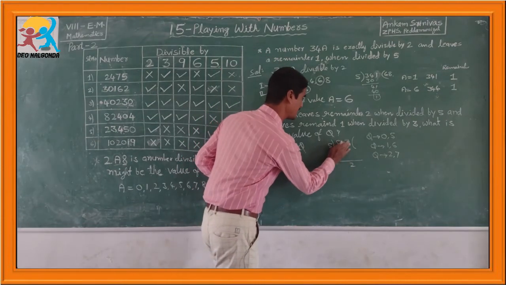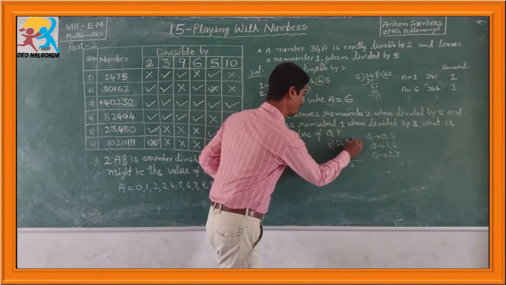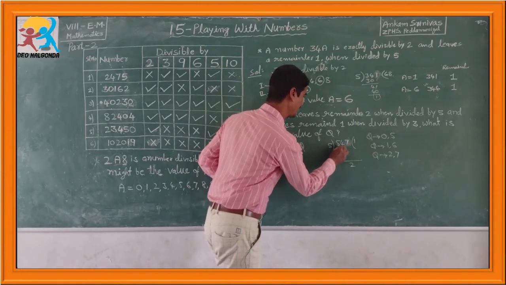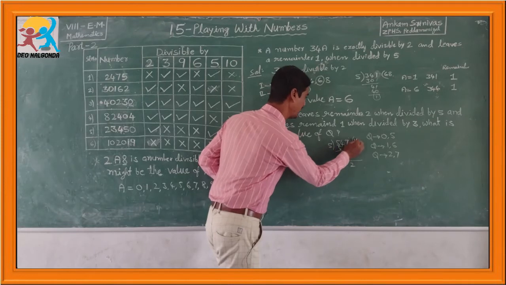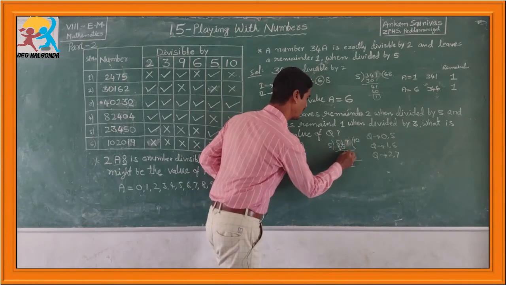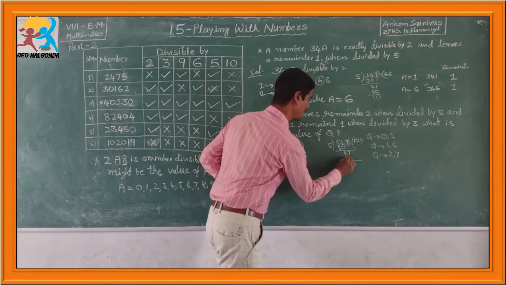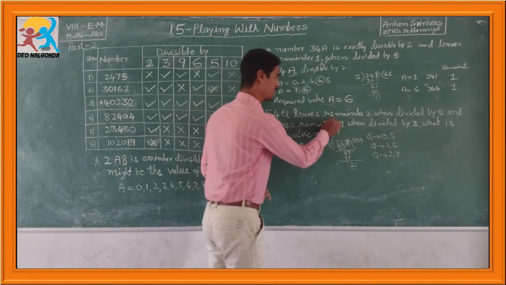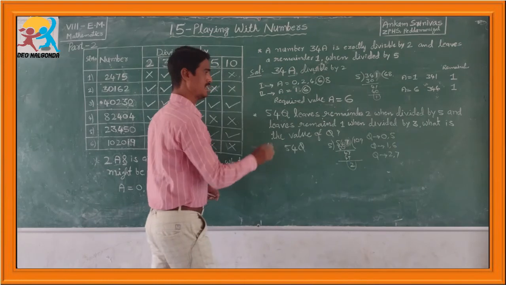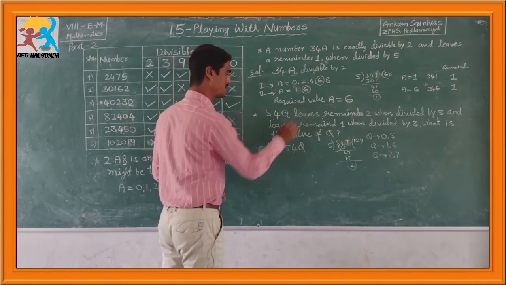Suppose I take 7: 5 ones are 5, 5 tens are 50, 47, 5 nines are 45, remainder 2. So this satisfies the first condition, when divided by 5, the remainder is 2.